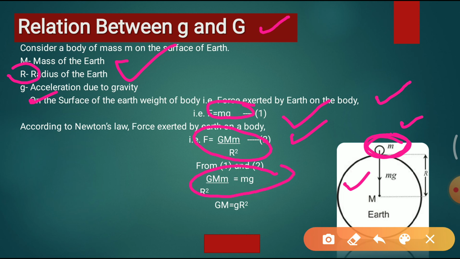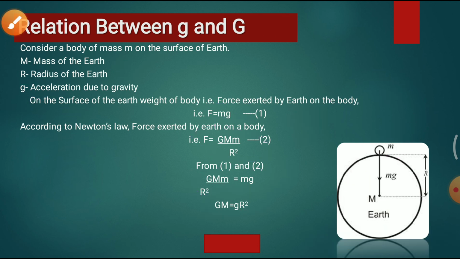How? By equating both equations, because both are equations of the force. Therefore, we got G M is equal to g R square. G M is equal to g R square is the relation between small g and capital G, that is, acceleration due to gravity and the universal gravitational constant.